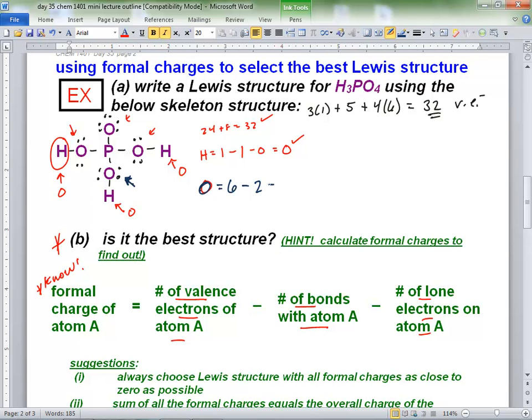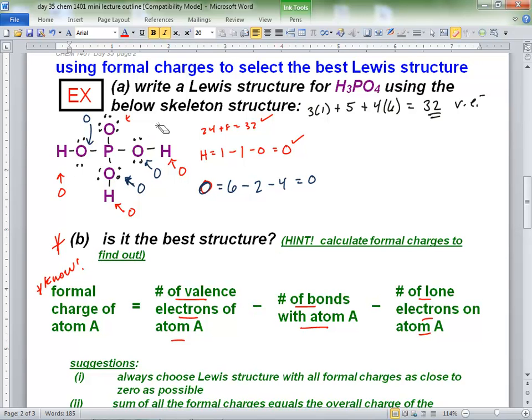And the number of lone electrons, Kimberly, is 4. 6 minus 2 is 4, minus 4 is 0. Ooh, man, maybe we can get lucky here, right? Now notice that these oxygens are all the same. So we're almost done. Right, we can clean this up a little bit. We're almost done.